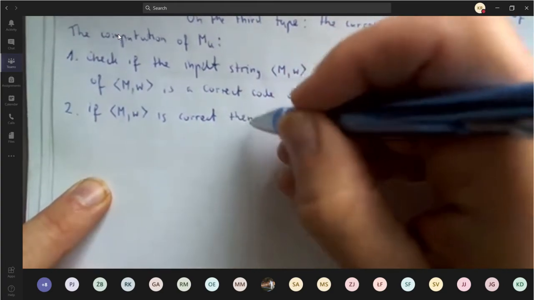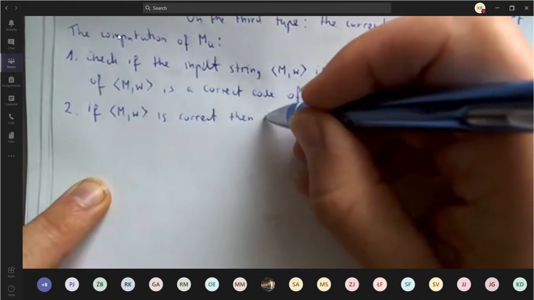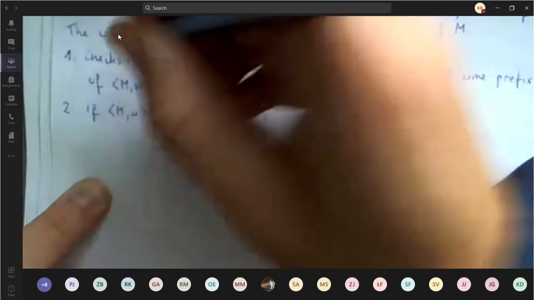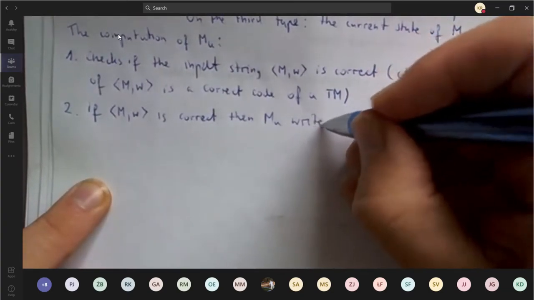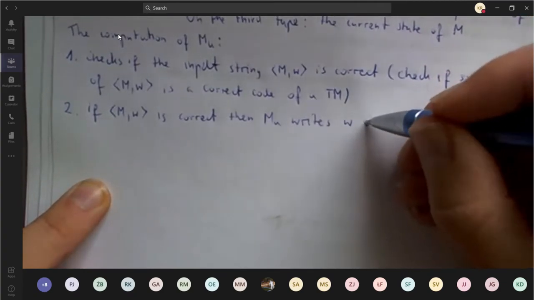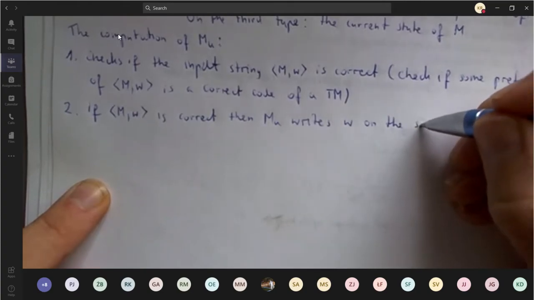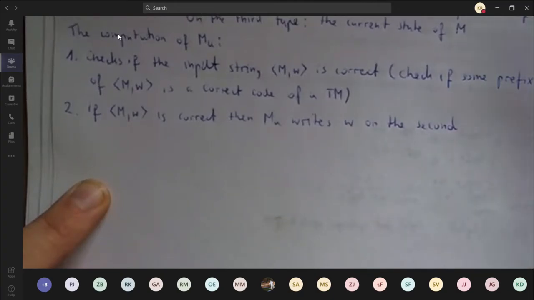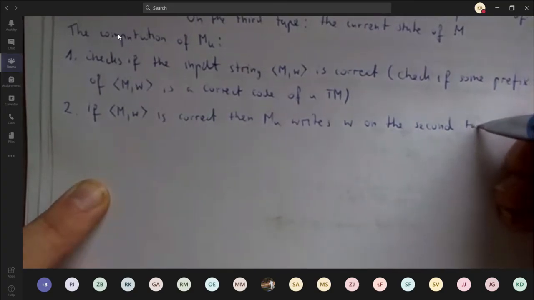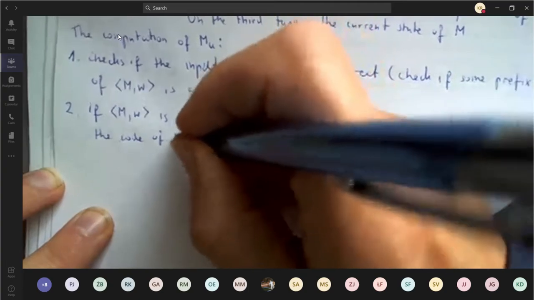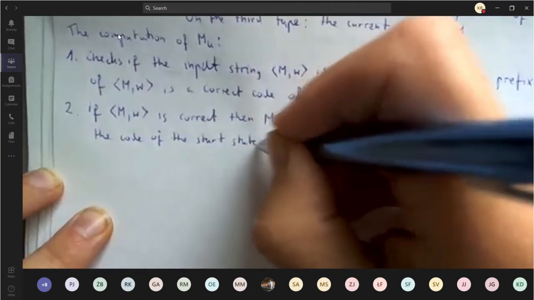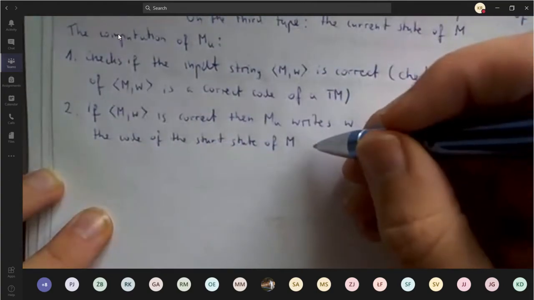Then MU writes W on the second tape. So it prepares on the second tape and third tape the simulation of M on W, and the code of the start state of M on the first tape.